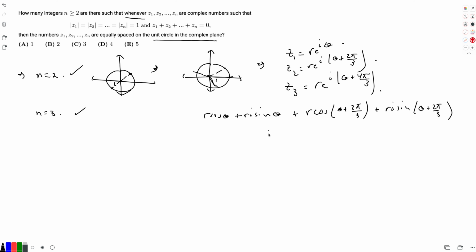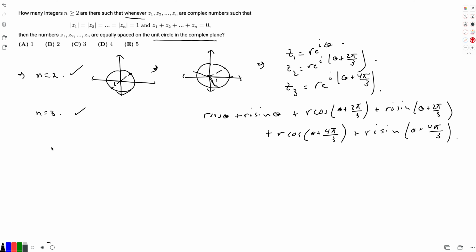And then finally we have r times cosine of theta plus 4 pi over 3, and then plus ri sine of theta plus 4 pi over 3.